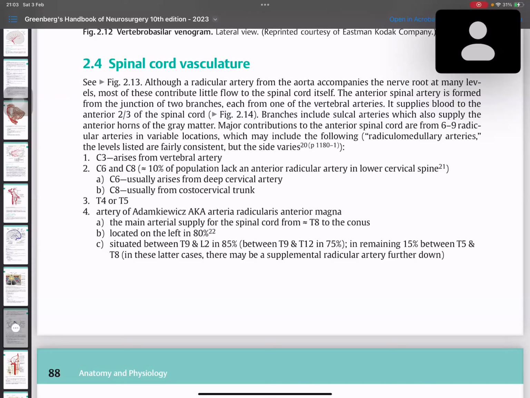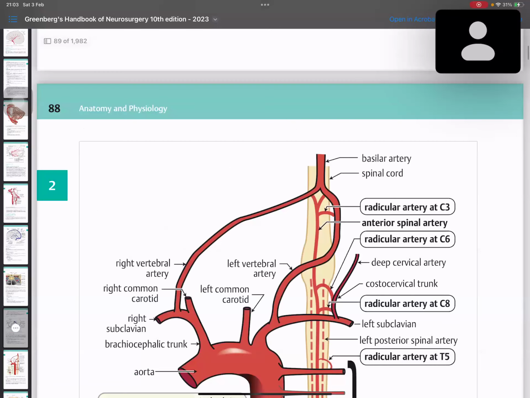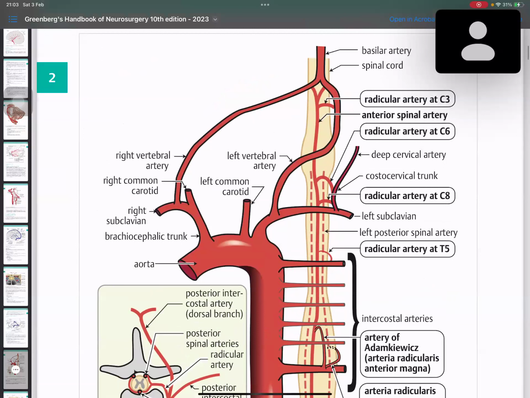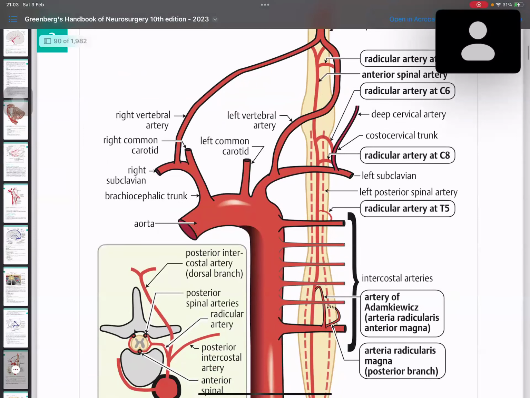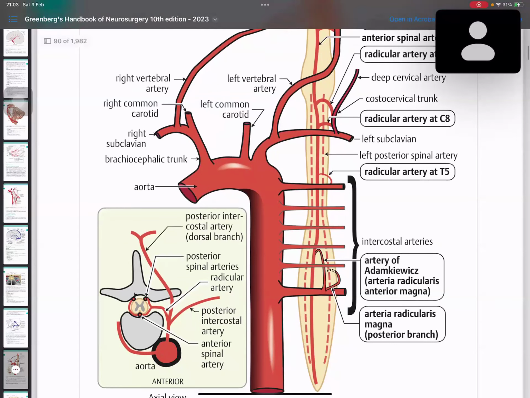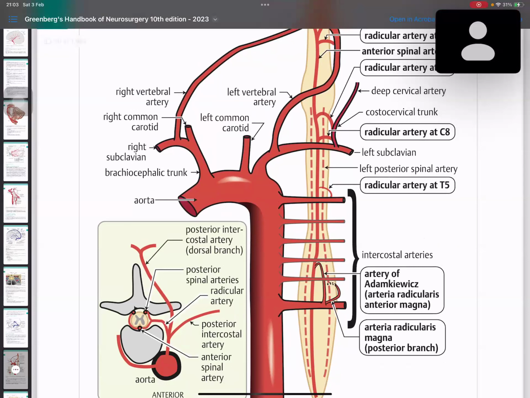Hence, they are usually supplemented by radiculomedullary arteries. Underneath C3, they get help from a radiculomedullary artery from the deep cervical artery, for example, or the costocervical trunk. From C8, they get supplements either from the left subclavian artery or from the thyrocervical trunk.